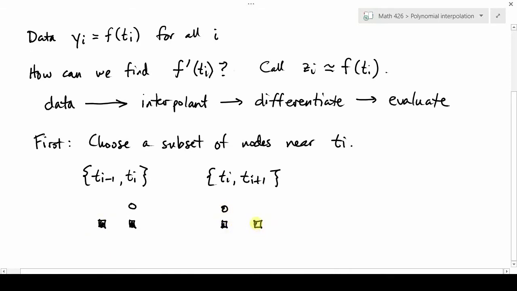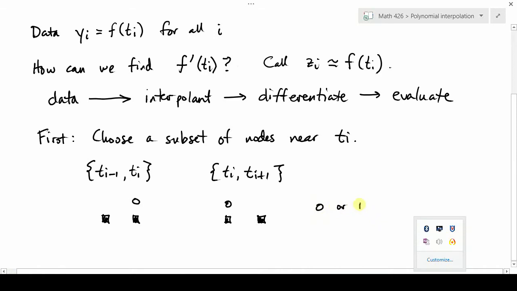And the key or the legend to these symbols is that I either have a circle or a square, meaning a value of f prime or a value of f, and it's either empty or it's filled, right?